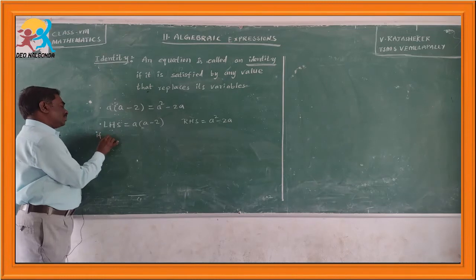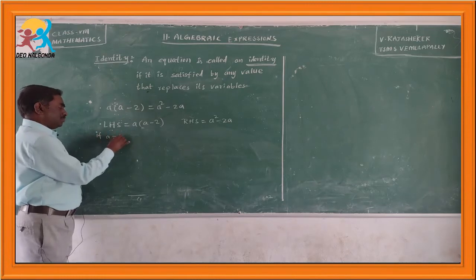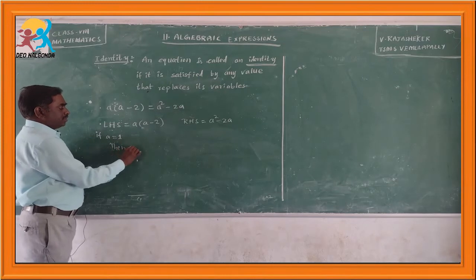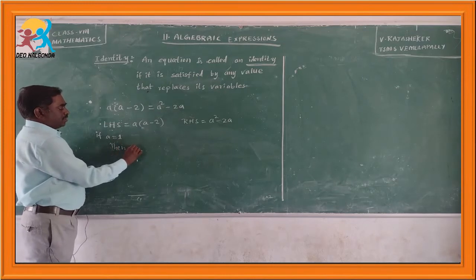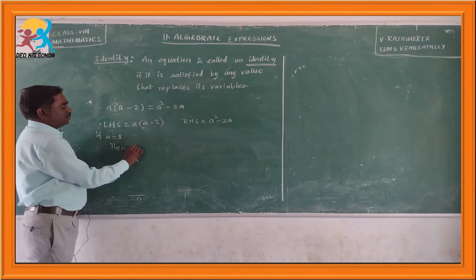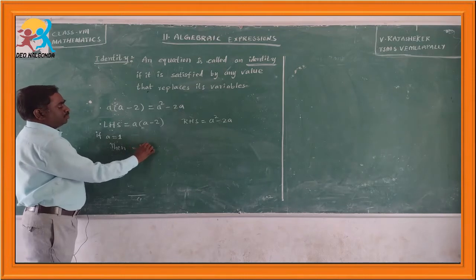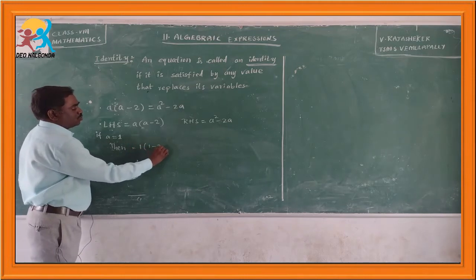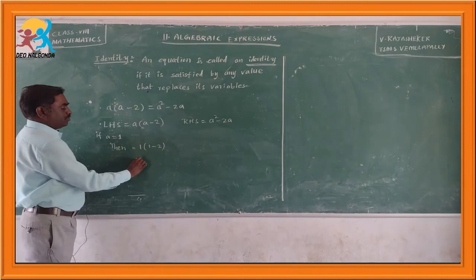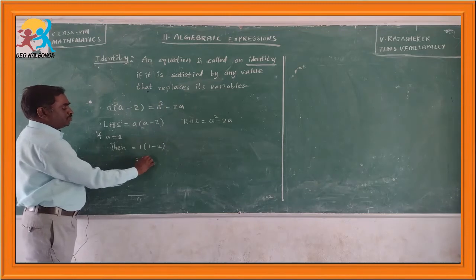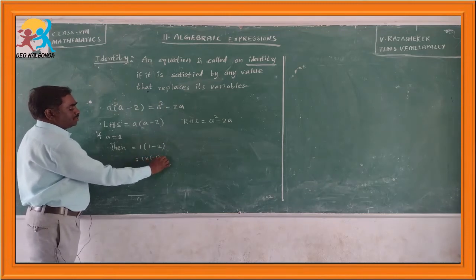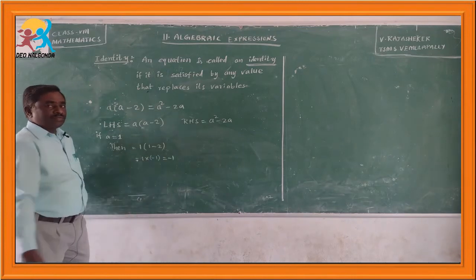If a is equal to 1, then LHS is equal to 1 into 1 minus 2, that is equal to 1 into minus 1, which is equal to minus 1.